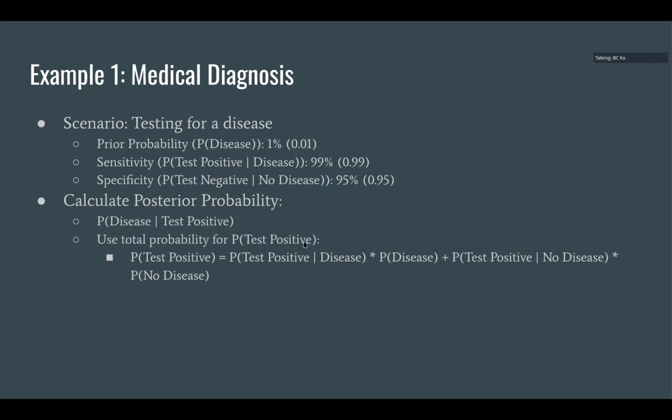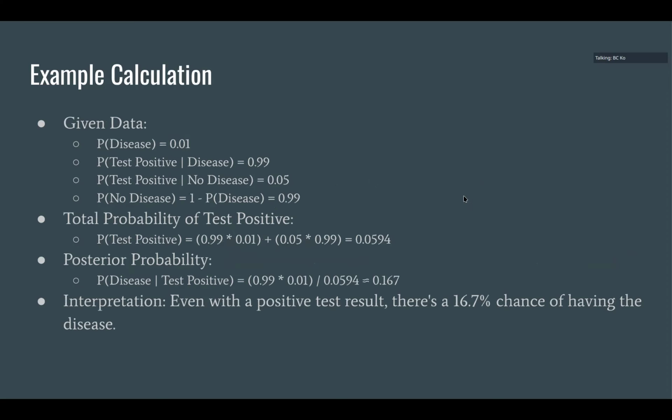So probability of test positive equals probability of test positive given disease times probability of disease, plus probability of test positive given no disease times probability of no disease. We're going to look at this calculation step by step on the next slide.